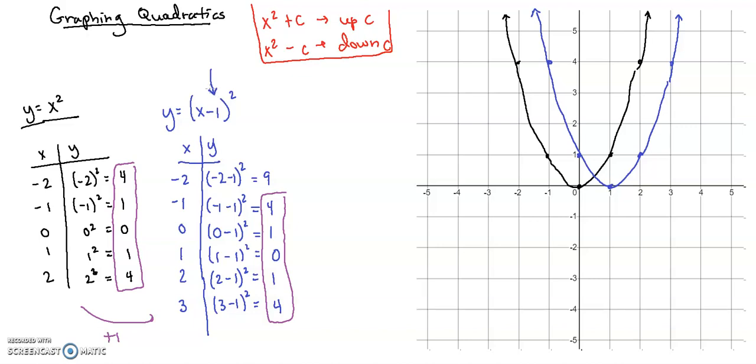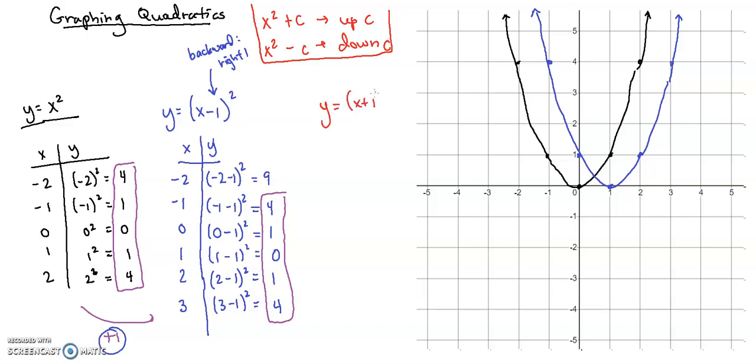We think of negative going to the left, positive going to the right. But this is going to be backward. What's actually happening to the x values is the opposite of what is inside these parentheses. So when you see negative 1, it's actually shifting to the right by 1.